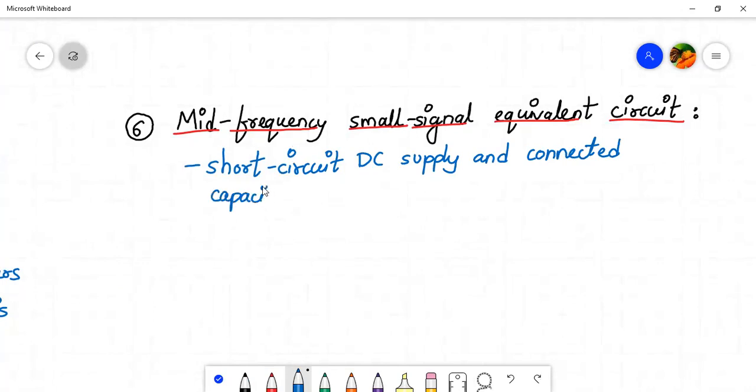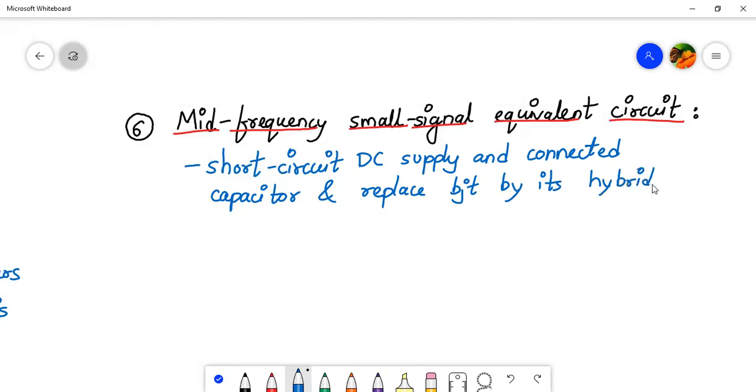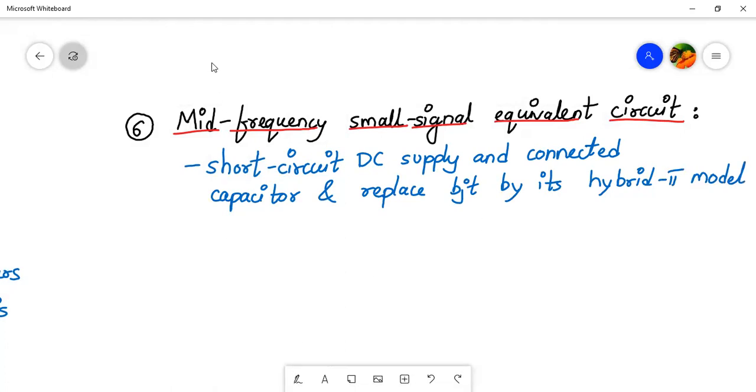So let's quickly draw the mid frequency equivalent circuit and replace the BJT by its hybrid pi model. Okay, so let's do that quickly.